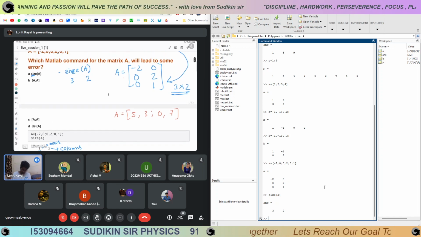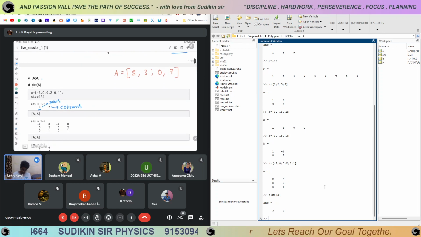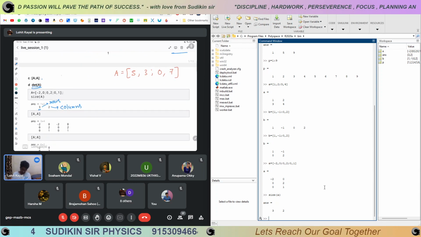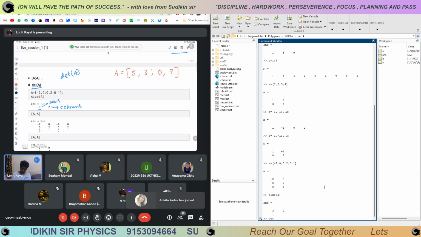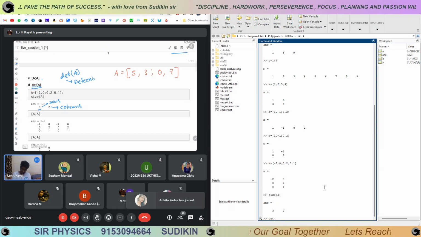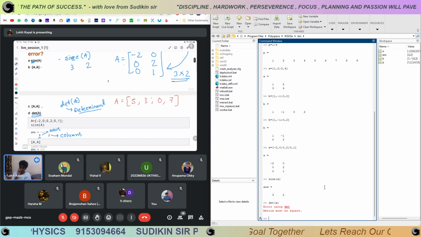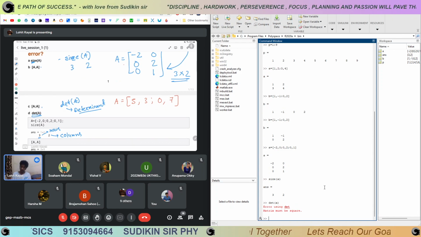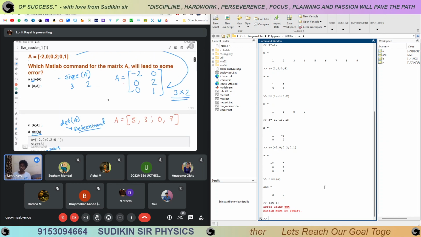Now I will come to these two, but first deal with this det of A. Det of A means determinant of A. Now we all know that in mathematics, the determinant only occurs for a square matrix.